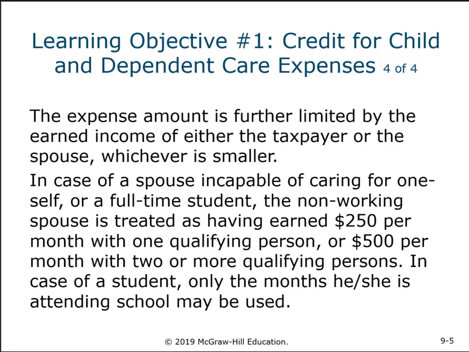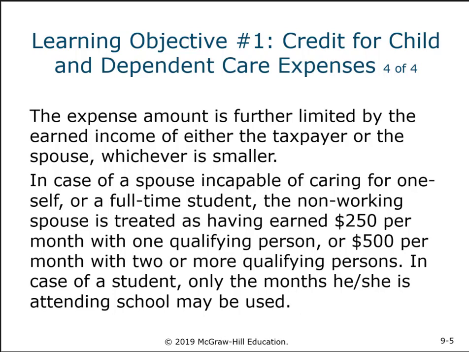Now, remember I said there were three limits. It's either the amount that you spent, if it's lower, or the $3,000, $6,000 limit, or it's also limited by the earned income of the lowest paid spouse.